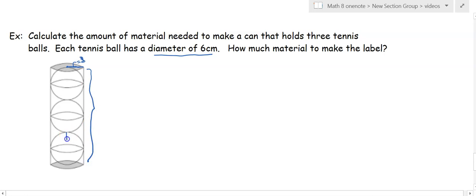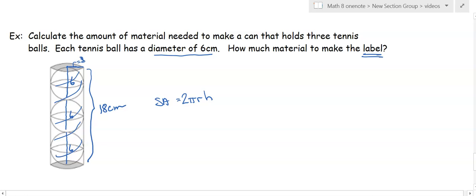Well, if the diameter is 6, there are 3 balls with a diameter of 6 that fit perfectly inside, so that gives me a height of 18 centimeters. If the radius was 3 and I only knew that, I would just double the radius to get the diameter, and there you go. So if I only wanted the label, then I would go, oh, 2 pi r h is the surface area. I'd only use the curved lateral surface.